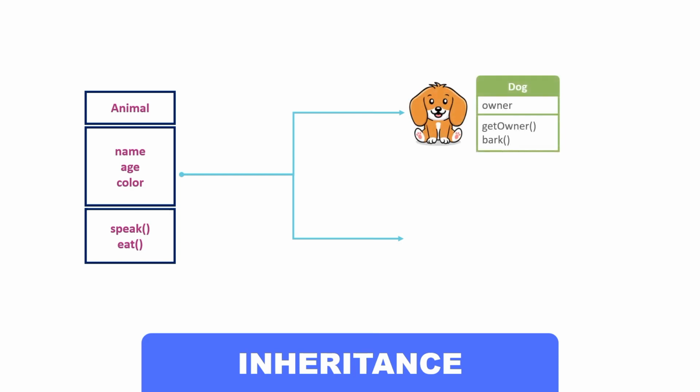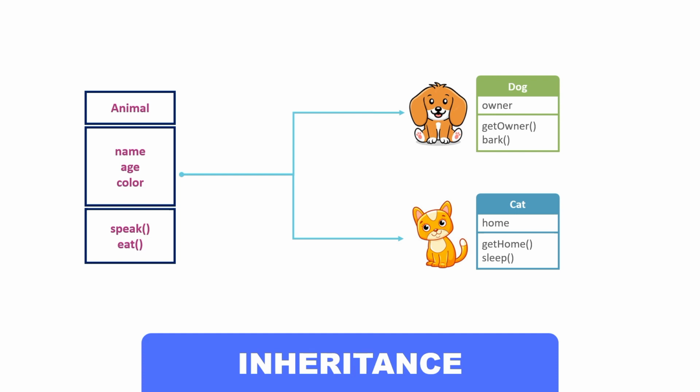A dog is also an animal, so through inheritance, the dog class derives the methods and properties of the animal class. A cat and buffalo are also animals, so they are allowed to derive the methods and properties of the parent class. A child class can have some extra properties and methods of its own.